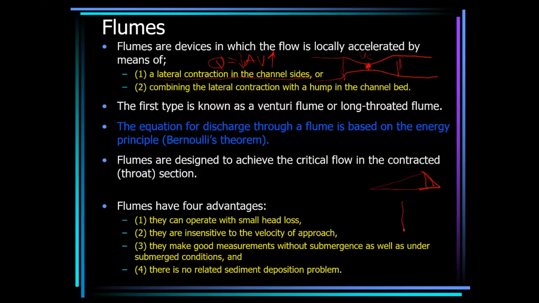For a weir, because water is flowing, sediment can accumulate just on the other face of the weir. But for a flume, there is no problem of sediment deposition, because even when you have a hump, it is not like a weir; it is very smooth, the slope is very small, so the sediment can easily move on top of the hump without depositing.